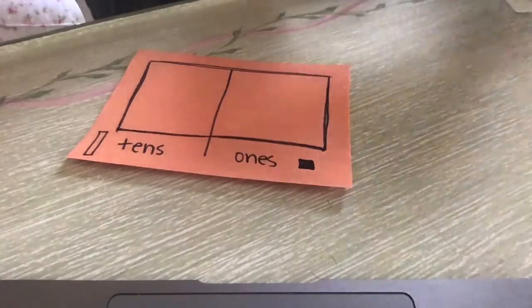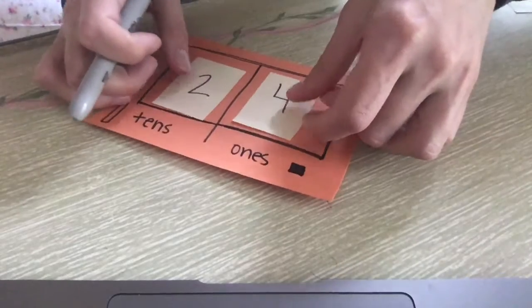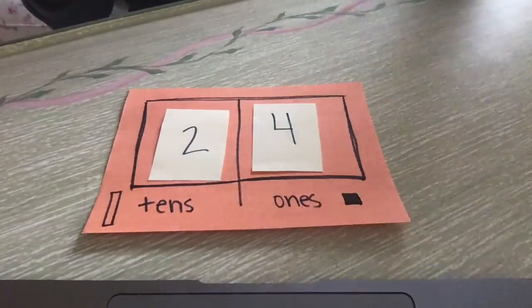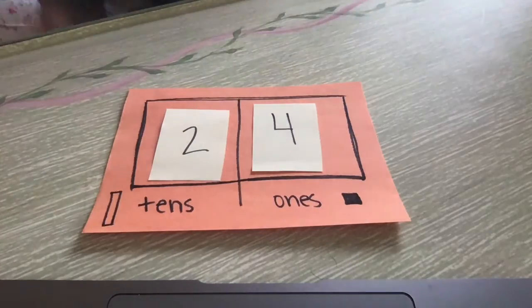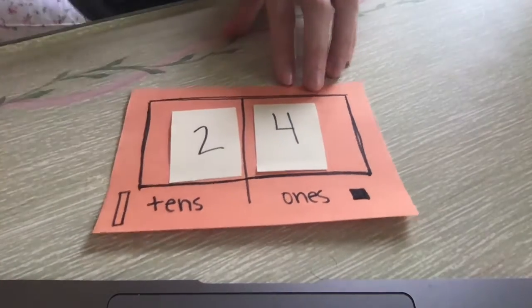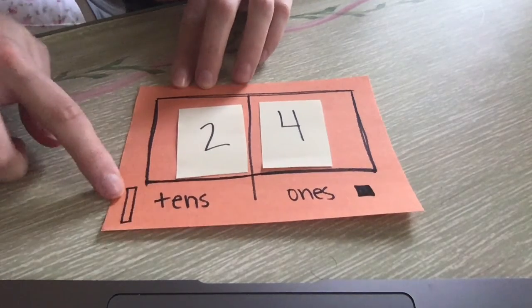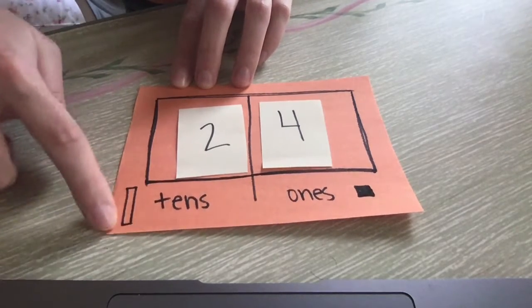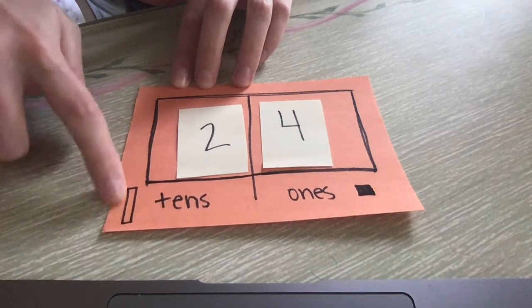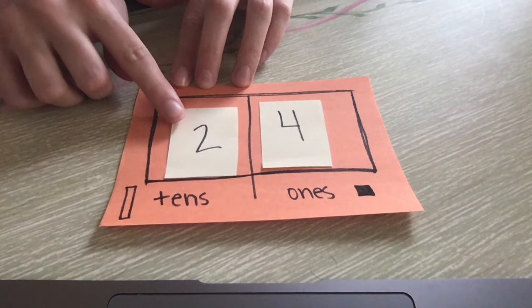Okay, next one. Let's make this one a little tricky. Look at this closely. What number do you see here? You're so right. It's 24. Now we're looking at our 10s, which means we're looking for our line bars. How many line bars do I need for the number 24?